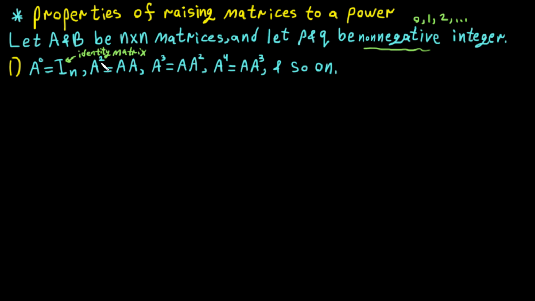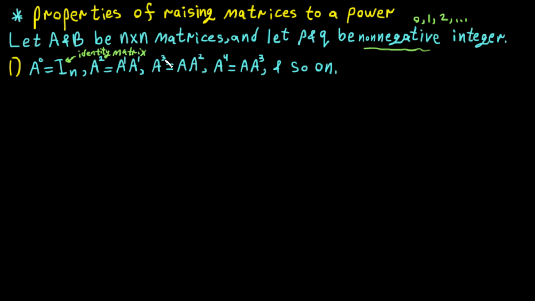Then A^1 is equal to A, and you have to remember that, as we said before, 6 means 6 to the power 1. The same thing holds in matrices. We don't need to put 1 because it's obvious it's power 1.